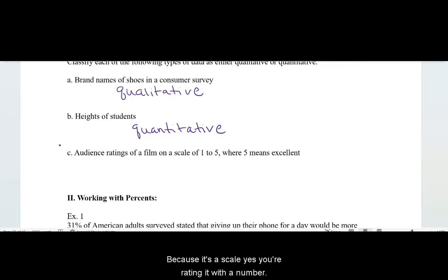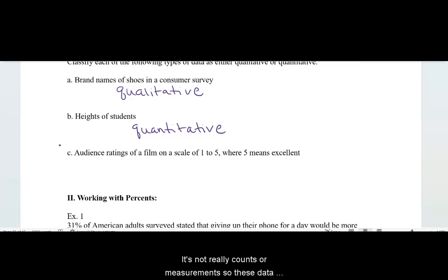Yes, you're rating it with a number, but the numbers, let me explain this. Although the film rating categories involve numbers, the numbers represent subjective opinions about the film, right? Because each number, for example, we just said 5 means excellent. It's not really counts or measurements.